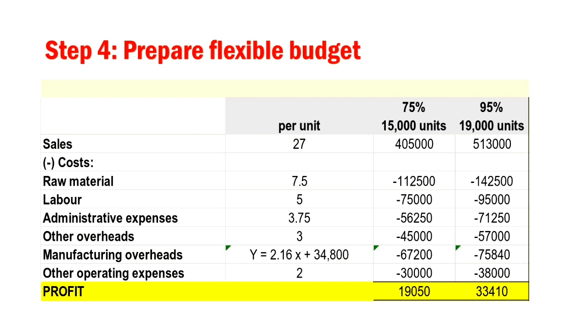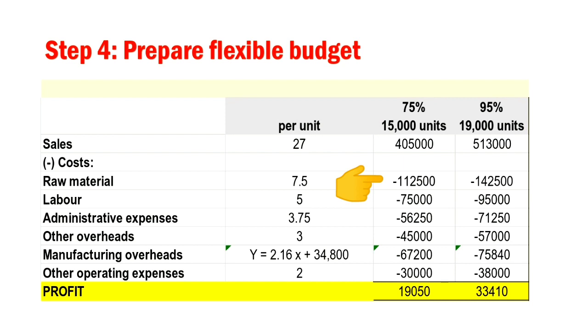Now, our work is easy. We already have cost per unit and price per unit. We have 15,000 units and 19,000 units. So in order to prepare the flexible budget, each of these cost per unit and selling price per unit, you have to times with the number of units, which forms 405,000, 112,500, and so on.